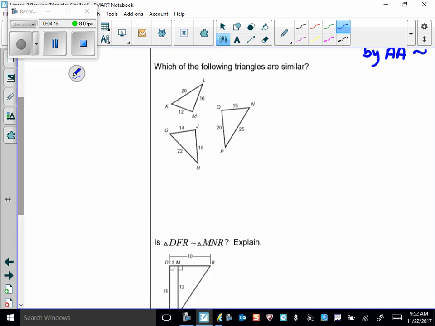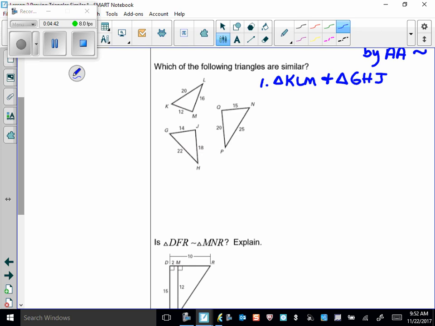Okay, which of these triangles are similar? Well, we got quite a bit of work to do here because of course we're going to be using side-side-side if any of them are similar because we don't have any information given about the angles. So first let's start with triangle KLM and triangle GHJ.